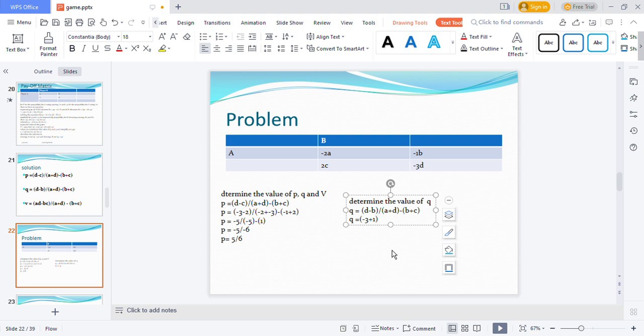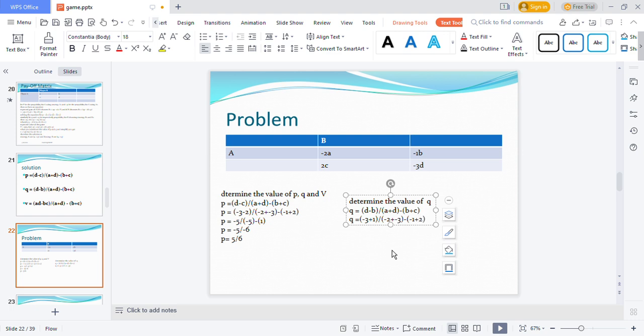You close the bracket, divide by, open the bracket, A is -2 plus D is -3. You close the bracket, divide by, minus, open the bracket, B is -1 plus C is 2.